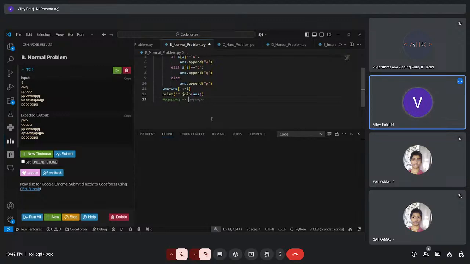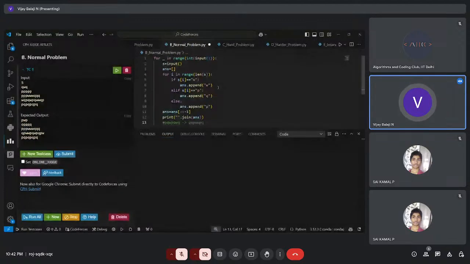So in this case, if the first letter is P, it needs to be converted to Q, and this Q needs to be moved to the last. W needs to stay as it is, and Q needs to be converted to P. That is what I'm doing in the code.